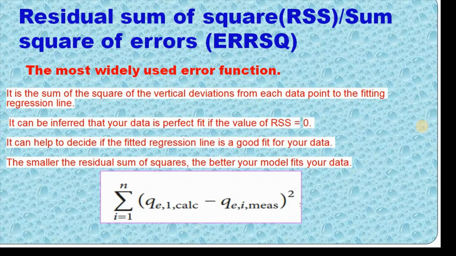It can be inferred that the data is perfectly fit if RSS equals 0. However, it can also help to decide whether the fitted regression line is a good fit or not. The smaller the residual sum of square, the better the model fits.